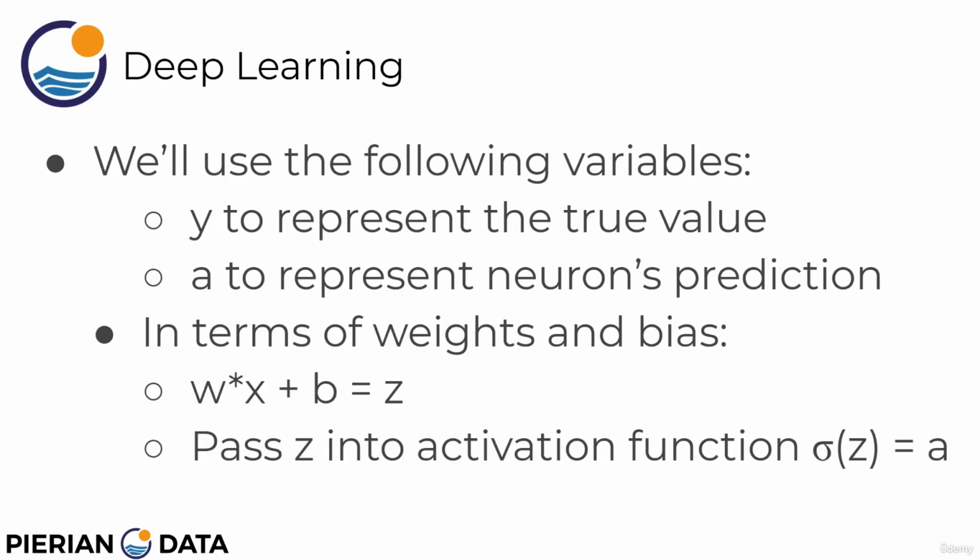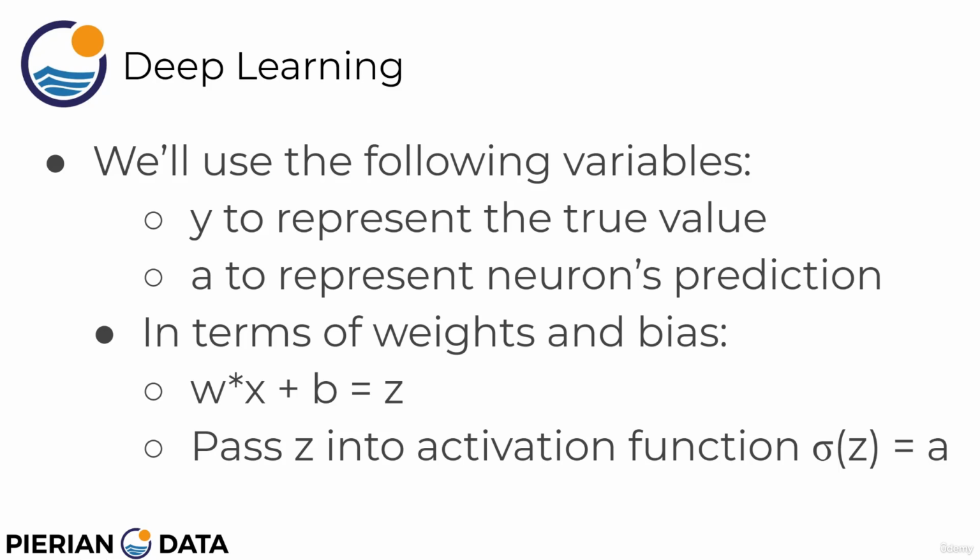So I want to introduce a couple of variables. We're going to be using y to represent the true value, and we'll be using a to represent the neuron's prediction. In terms of weights and biases, recall we set z to be a representation of weights times x plus b. And then we pass that z into an activation function, such as a sigmoid function, so that z passed into the sigmoid is then equal to a.